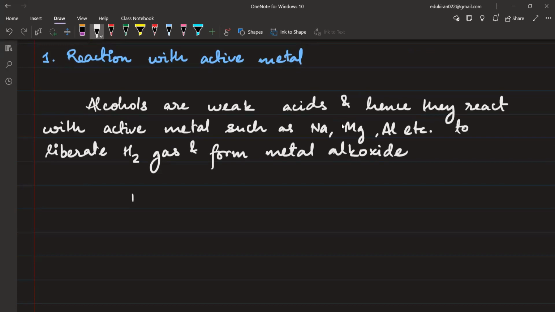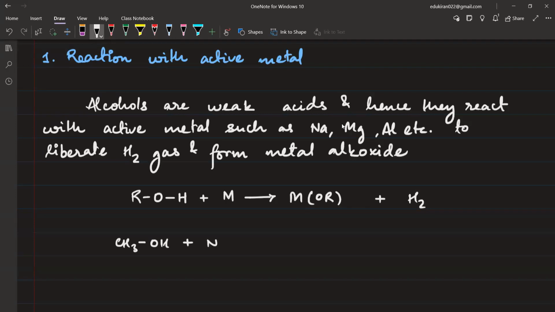Okay, so we have ROH plus metal. This will give you MOR plus H2 gas. Now, for example, if I take CH3OH plus sodium metal, then the valency of sodium is 1.